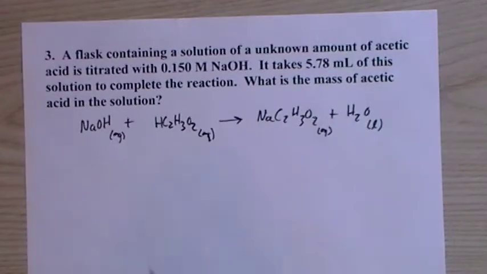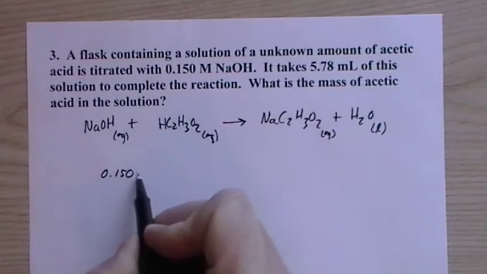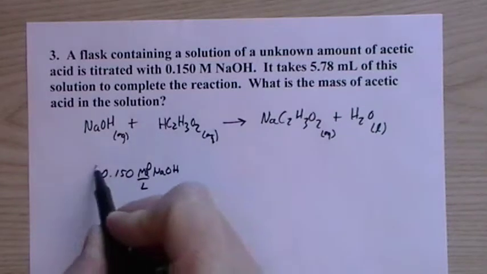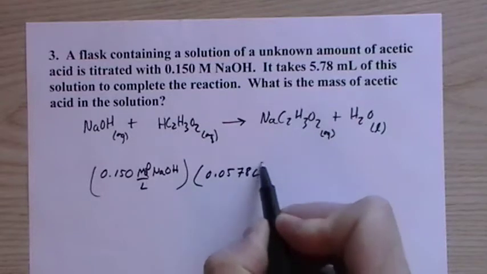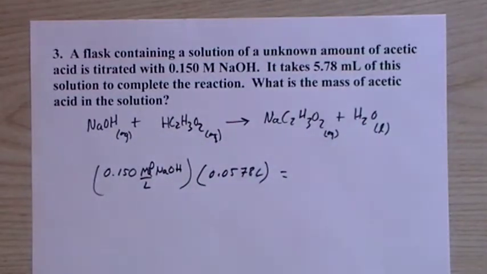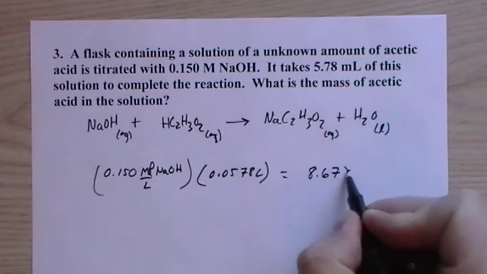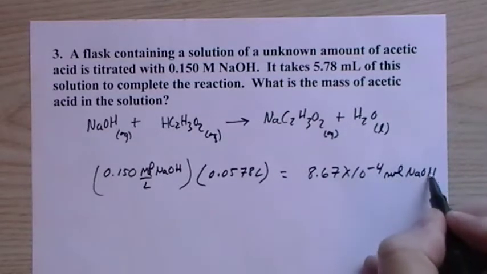Okay, so if we take the concentration of the sodium hydroxide, so this is moles per liter, we multiply it by liters, we end up with 0.15 times 0.00578. Make sure that extra 0 is in there. 8.67 times 10 to the minus 4 moles of sodium hydroxide.